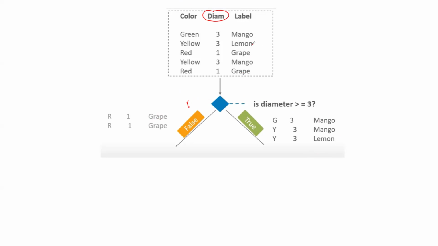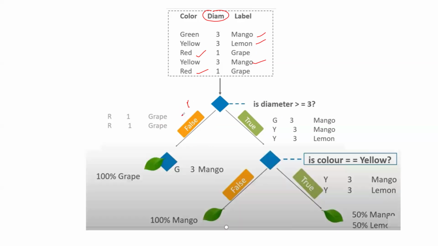Under the true category, where the diameter is greater than or equal to 3, the labels are mango, lemon, and another mango. And if you look, when it is less than 3, there are only 2 data points, which are grapes. So it is 100% confirmed that if it is false, it is going to be grapes. But if it is true, then it can be either mango or lemon.